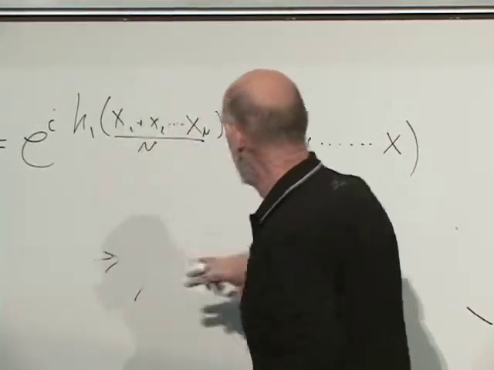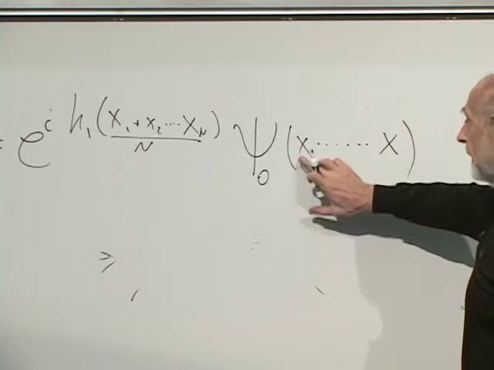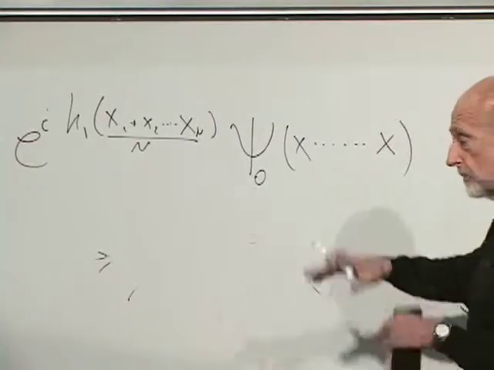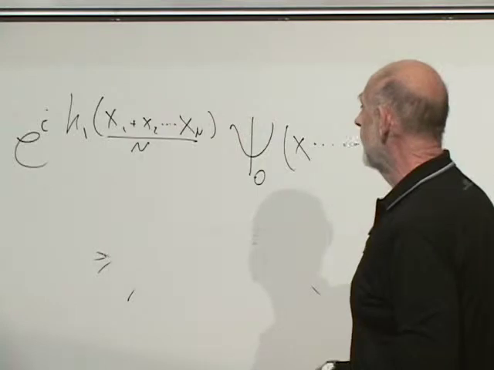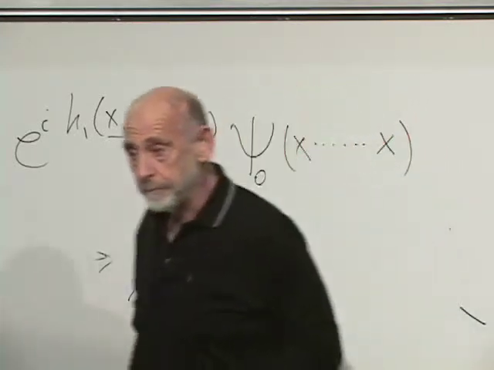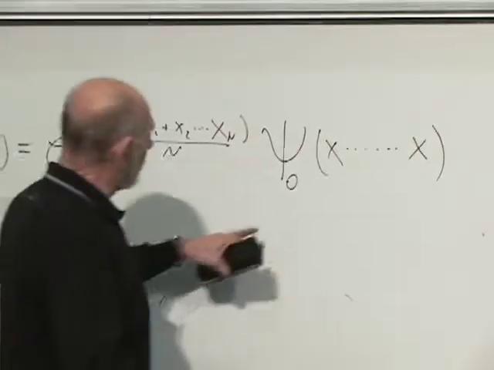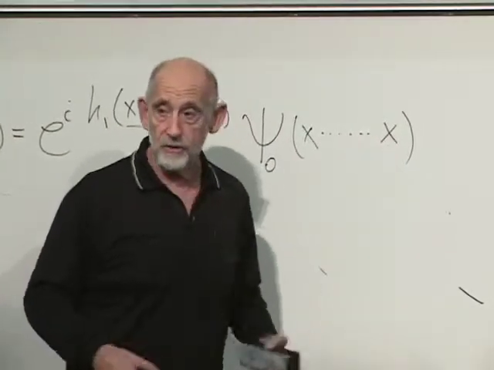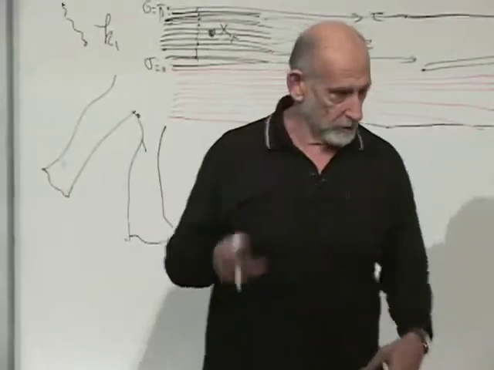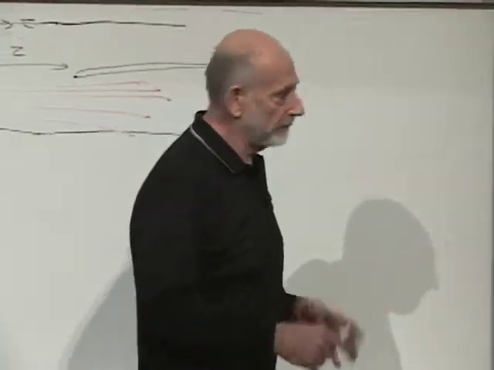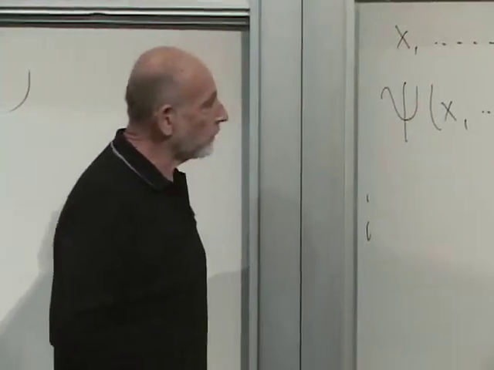The sum of them here, the differences between them here. Differences of x's here, neighboring x's and so forth here, sum of them here. And this wave function is computable. It's just the ground state describing the ground state of all the harmonic oscillators making up the string. And you can really work it out. With enough room on the blackboard, I could tell you exactly what this function is as a function of a collection of x's. It's not very hard. It's a bunch of exponentials. It's workable. You can do it. This is the wave function of the first particle.